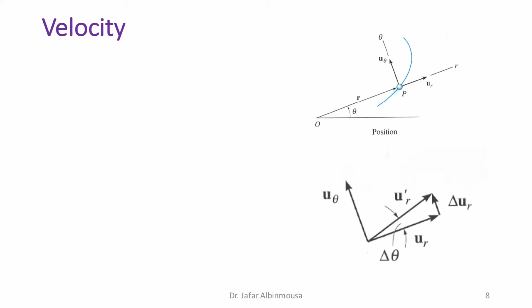Now, let's describe the instantaneous velocity using polar coordinates. We start with the velocity vector v, which is equal to the time derivative of the position vector r. And we know that the position vector is defined as the magnitude r multiplied by the unit vector ur.